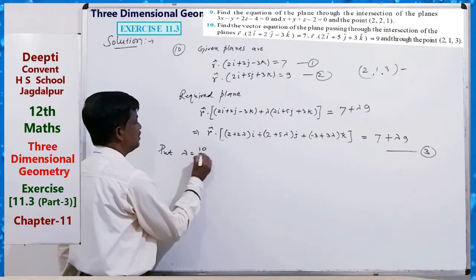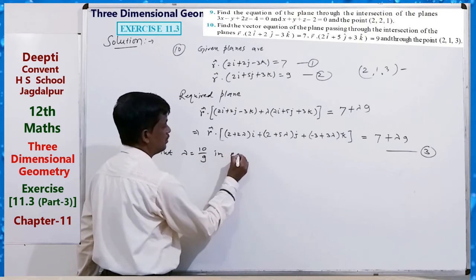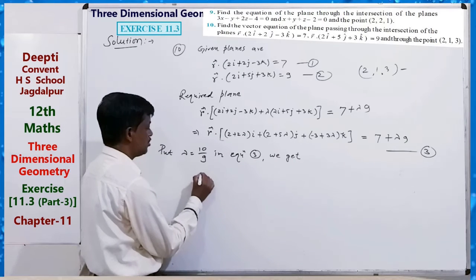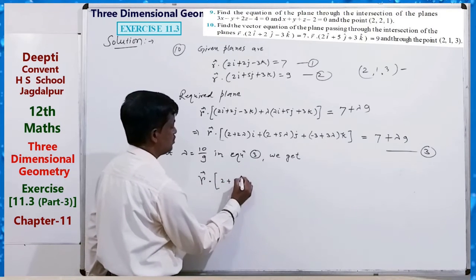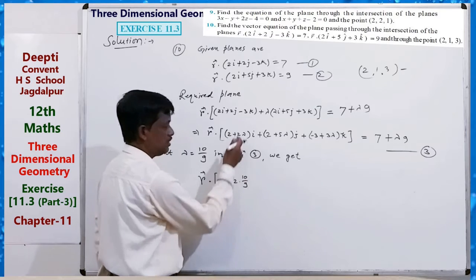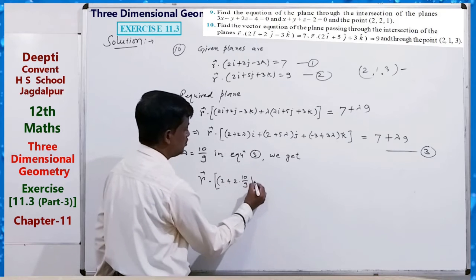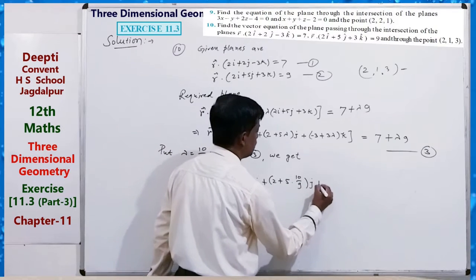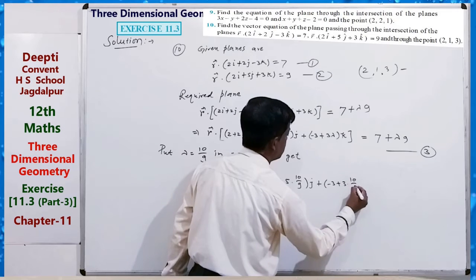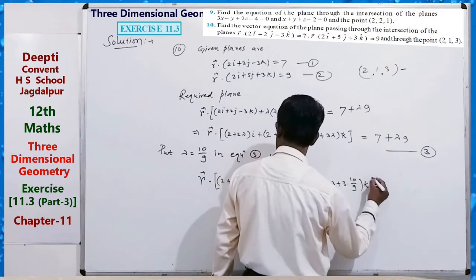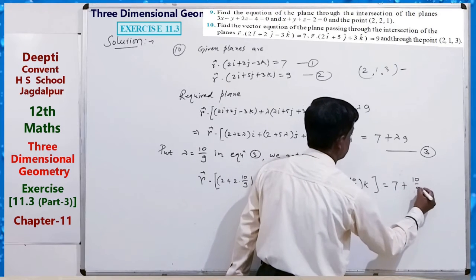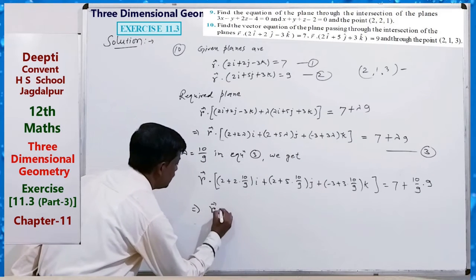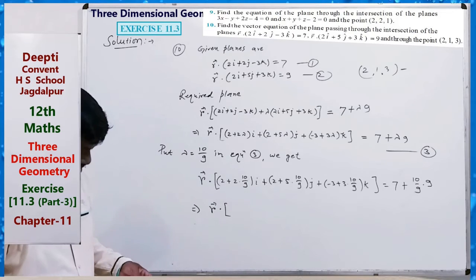Put lambda equals 10 by 9 in equation third, we get r dot (2 + 2 into 10/9)i + (2 + 5 into 10/9)j + (-3 + 3 into 10/9)k equals 7 + 10/9 into 9.